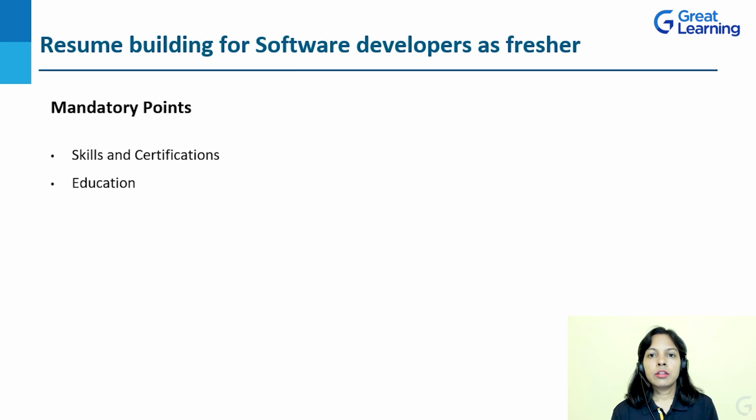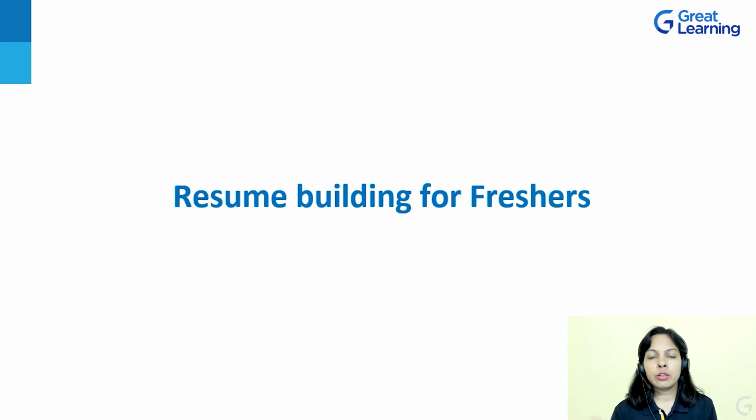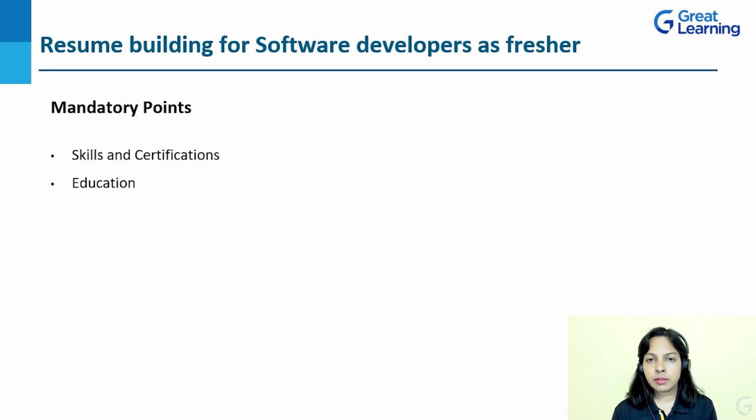For example, if you are writing that you have a good knowledge of Java programming, you can put a scale there, that out of 10 you rate yourself 8. If you know Python programming, you can write that out of 10 you rate yourself 6.